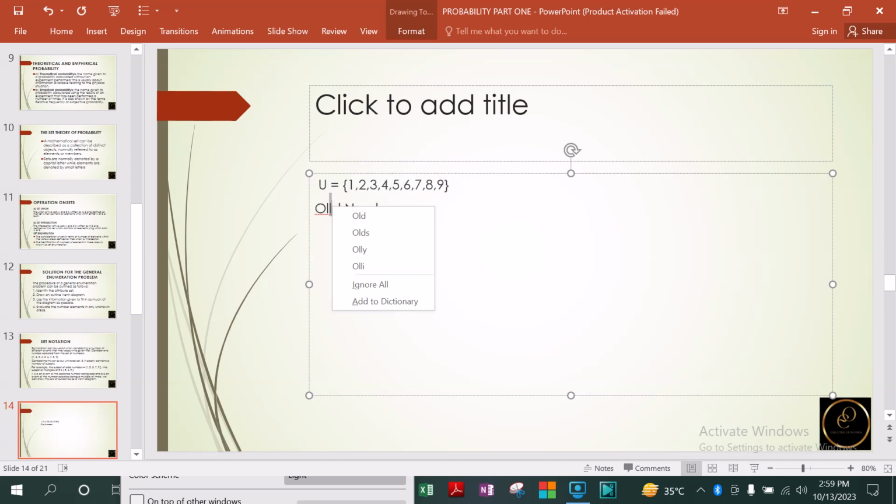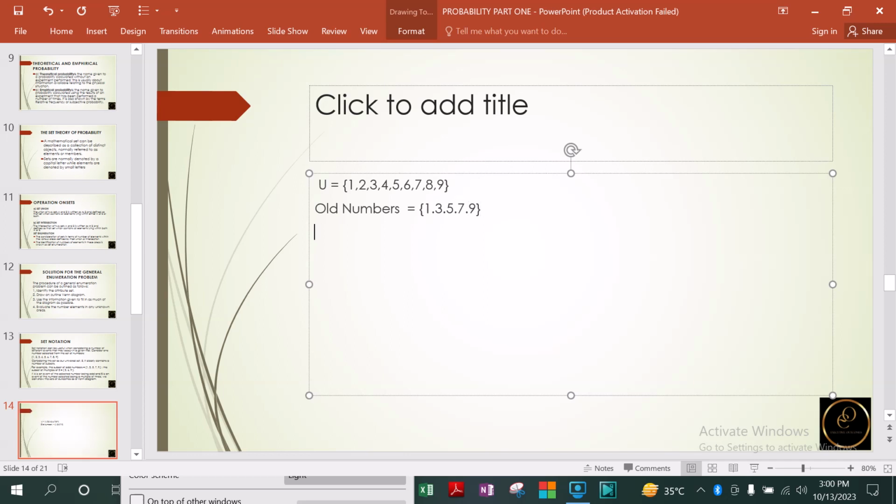We use curly brackets, that's the standard. So the odd numbers are 1, 3, 5, 7, and 9. That is the set of odd numbers.